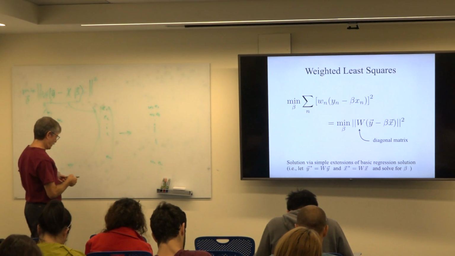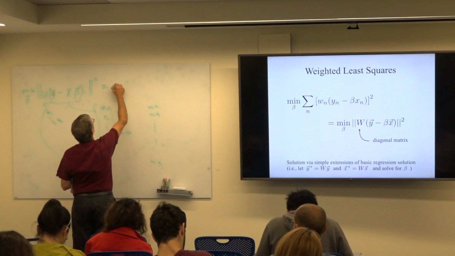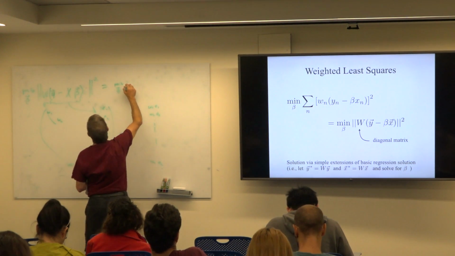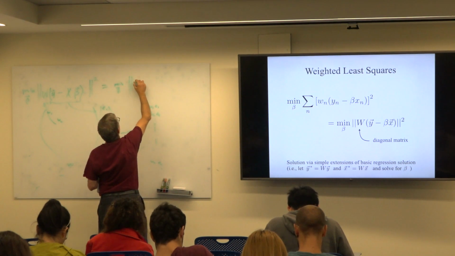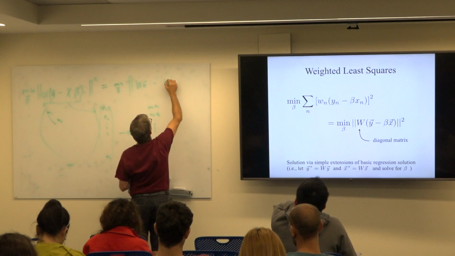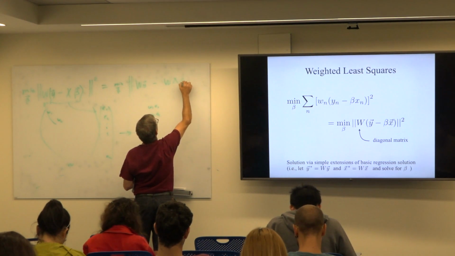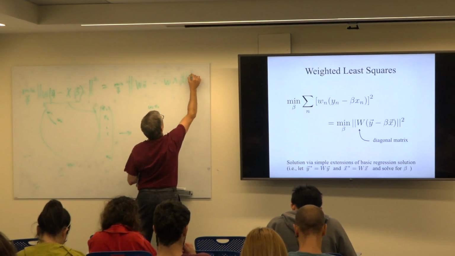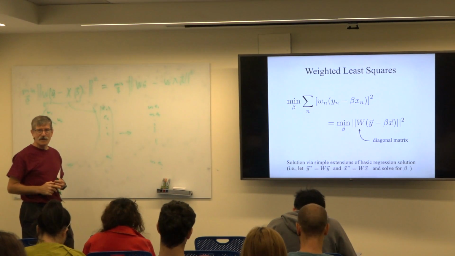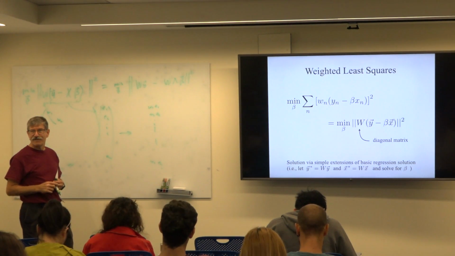Multiply it out. Min over beta of Wy minus Wx beta, squared. Okay? So Wy is just another vector.